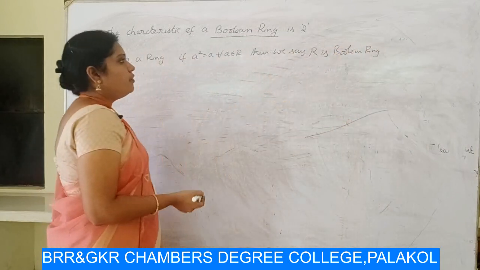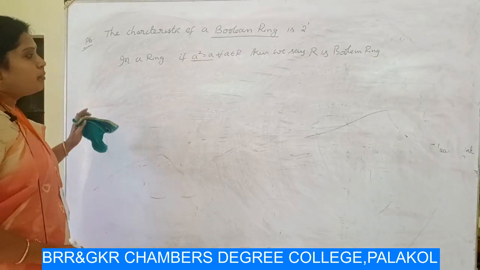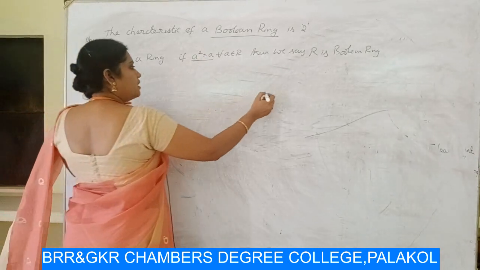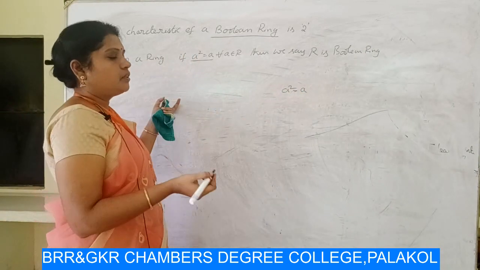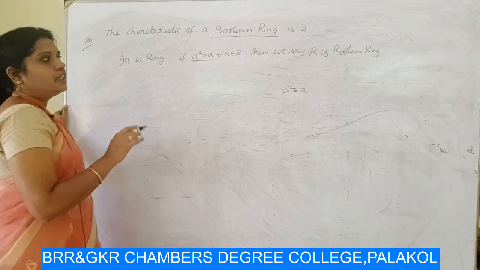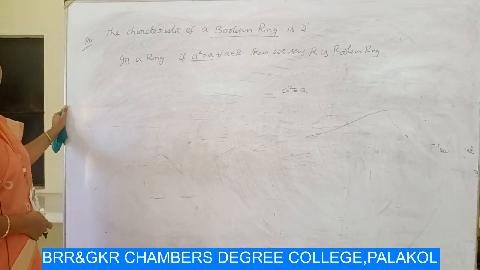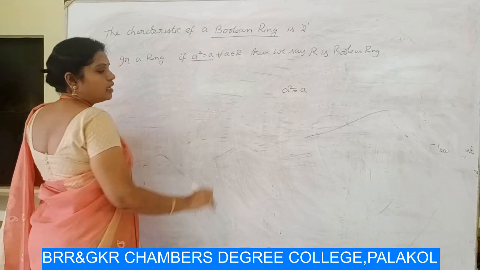That means every element satisfies the condition for an idempotent element. That is, if a square is equal to a, then a is called an idempotent element of the ring. That means every element of a Boolean ring is an idempotent element. So here a square is equal to a for all a belongs to R.